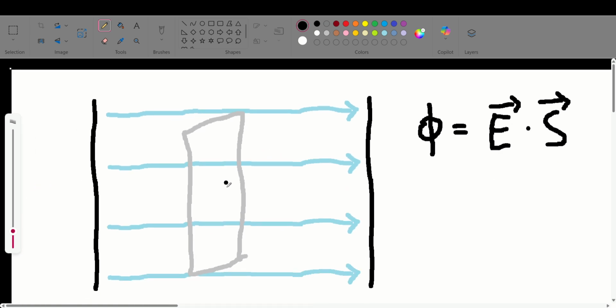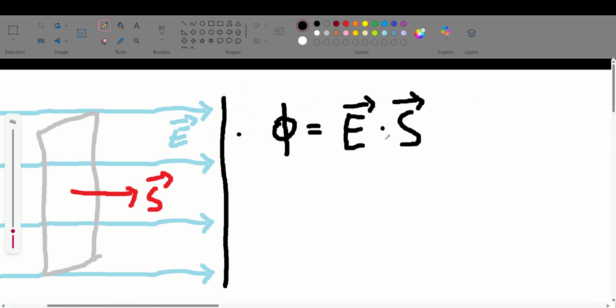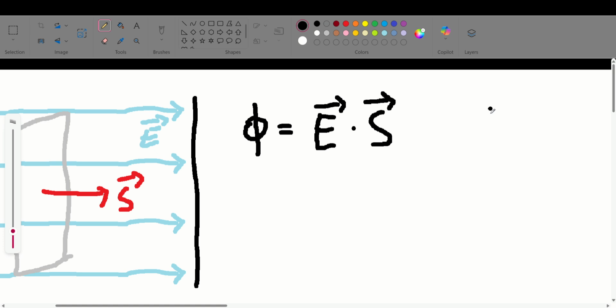Now let's consider the surface area vector, which I haven't drawn yet. This is the surface area vector, and these are the electric field vectors. So what is the angle between the electric field and the surface area vector?